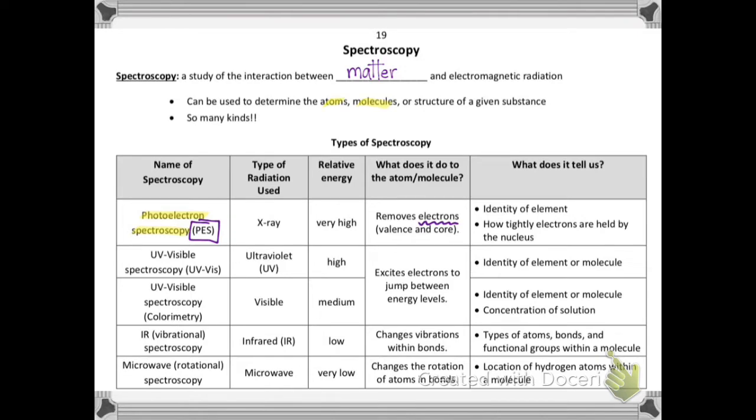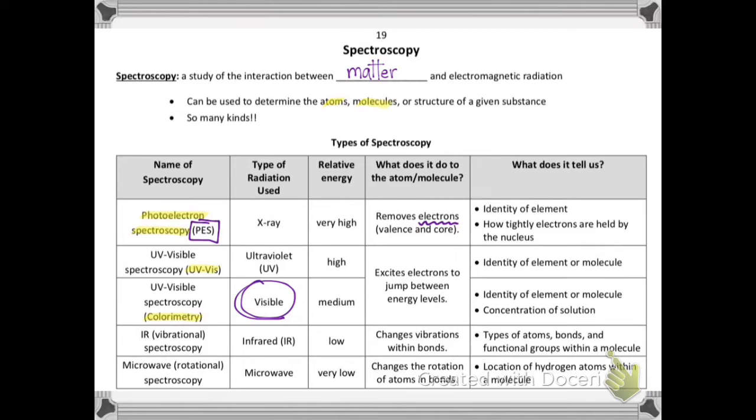There's also something called UV-Vis, which is UV visible light spectroscopy. And so this is also high energy. So UV-Vis spectroscopy can use either ultraviolet light, which of course we can't see, or it can use visible light. When it uses visible light, then you might have heard of it before. It's called colorimetry.